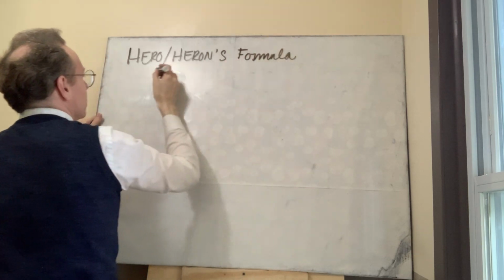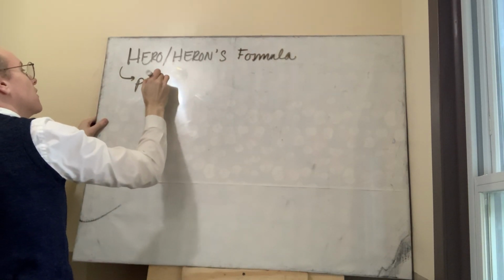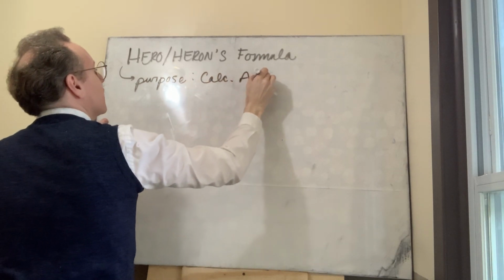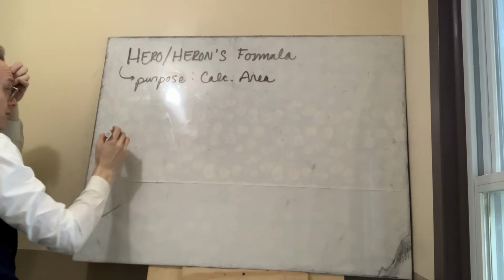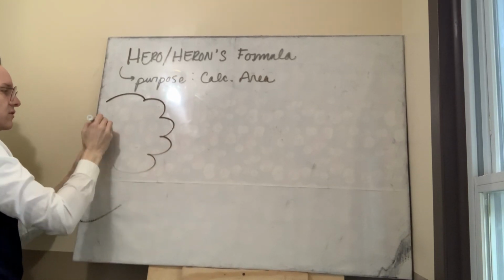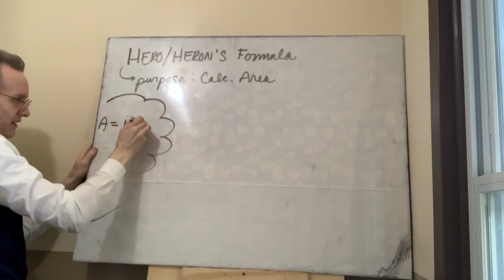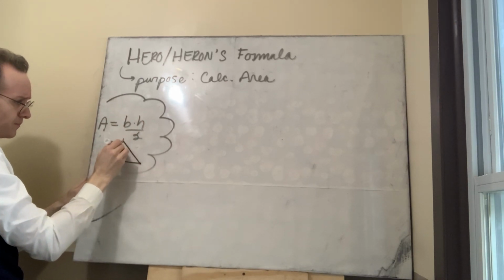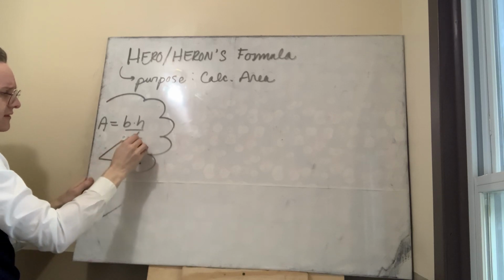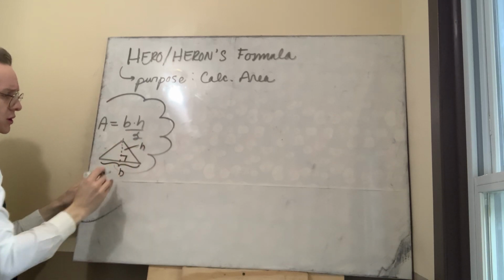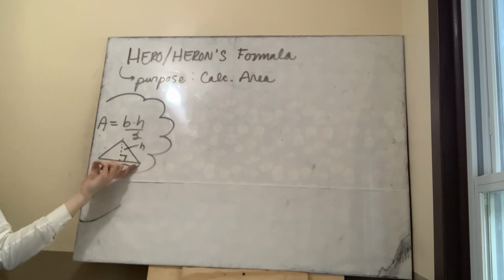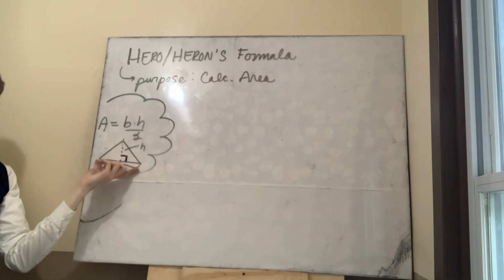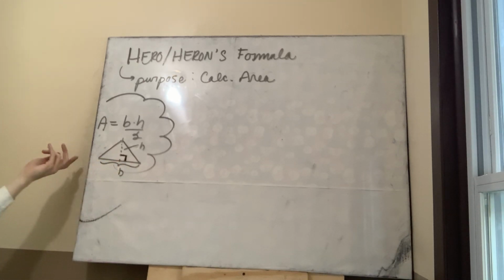Its purpose is to calculate area. Now you might say, well, we already have an area formula, which is the base times the height divided by 2. However, in that instance, you would need to know the perpendicular height and the base. And then indeed you could use it.